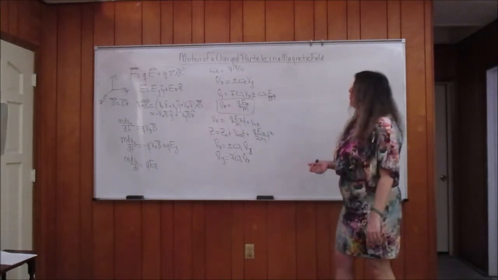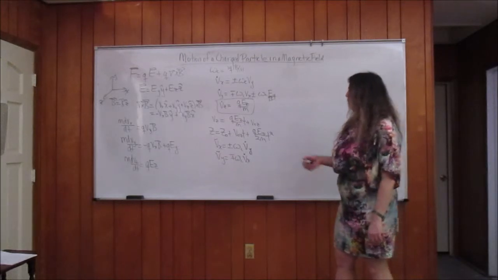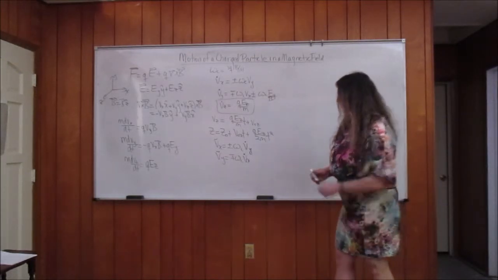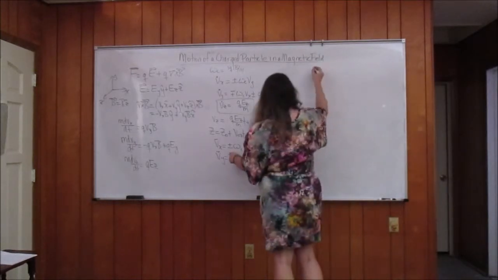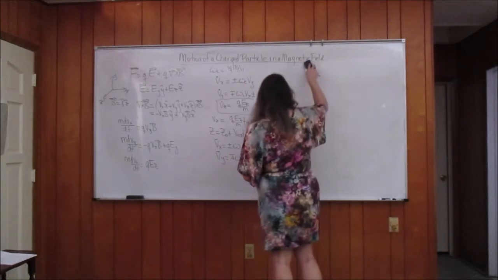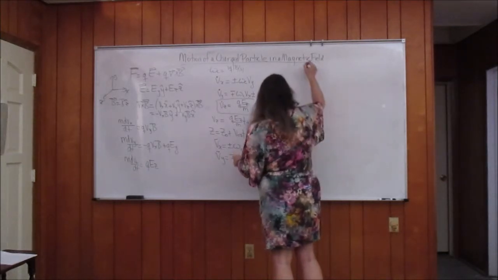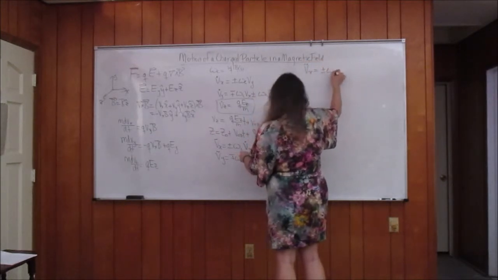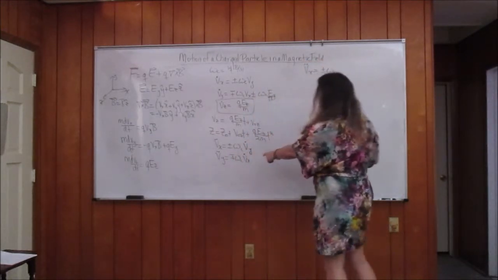We're assuming both a uniform electric and magnetic field, and the cyclotron frequency, of course, is constant. Substituting for v dot y.